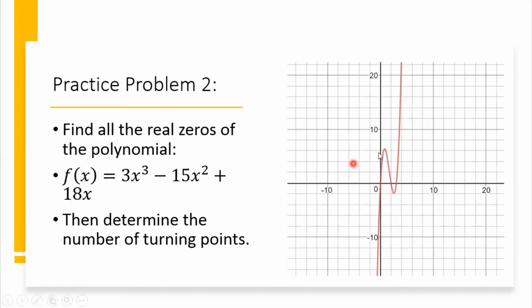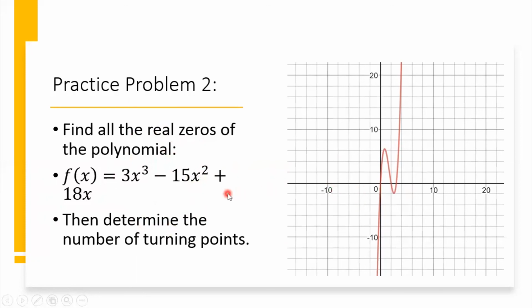And again, the graph is already given. So for you to practice, you have to solve this. Use a piece of paper, ball pen, and try to solve. Then after that, you compare your graph to this graph.